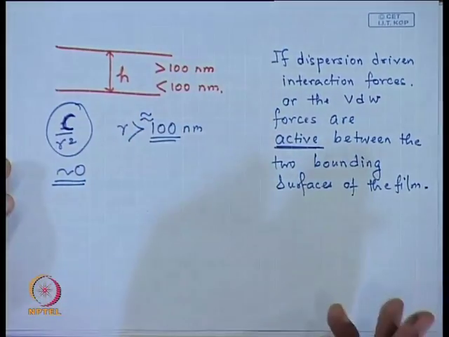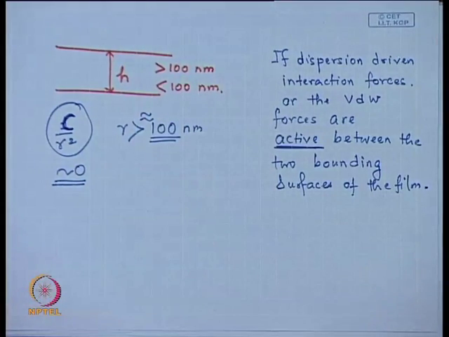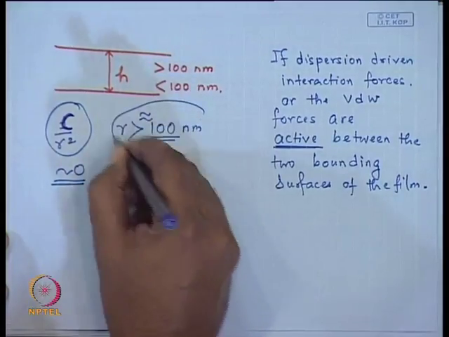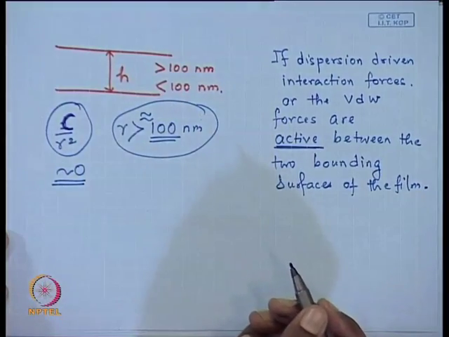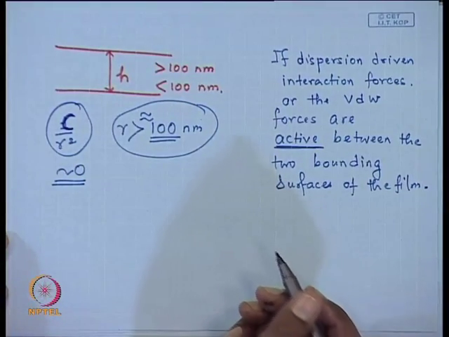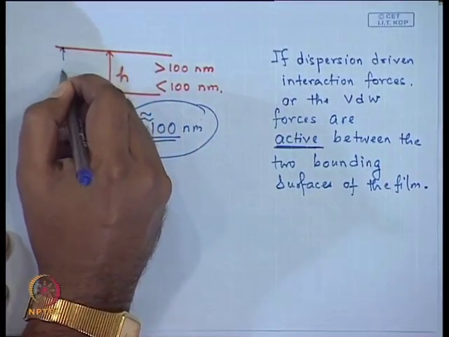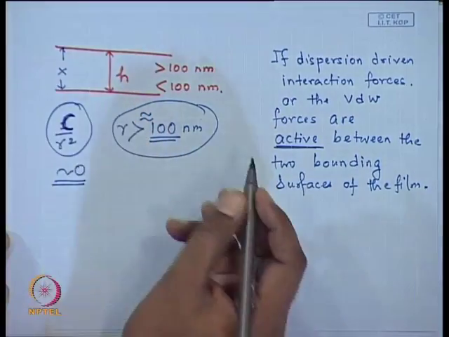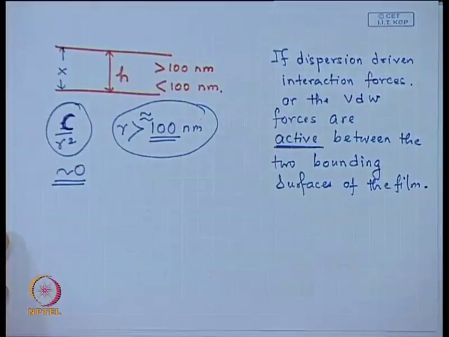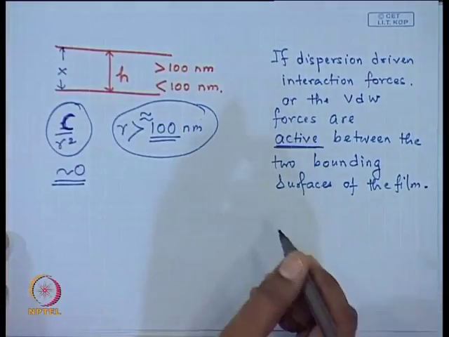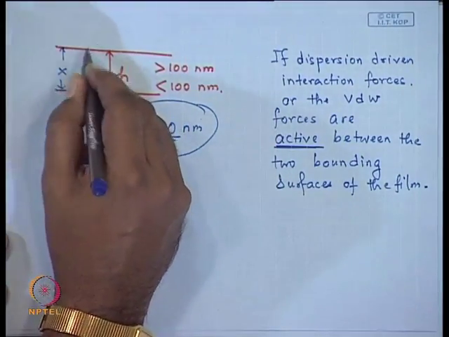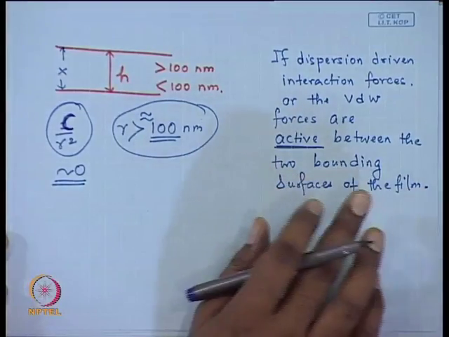Some people talk about it as 70 nanometer, 50, whatever. So, if your film is thicker than this critical thickness, then it means that there is no active interaction due to the dispersion forces between these two interfaces. So, these two interfaces do not interact with each other based on van der Waals forces or the dispersion forces.